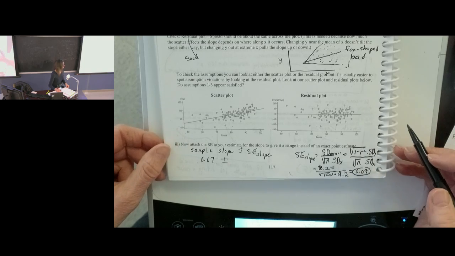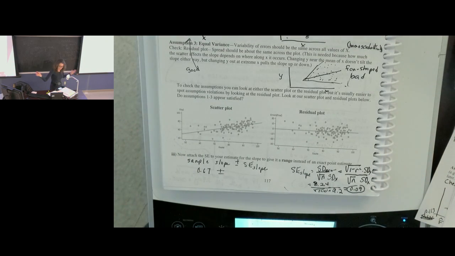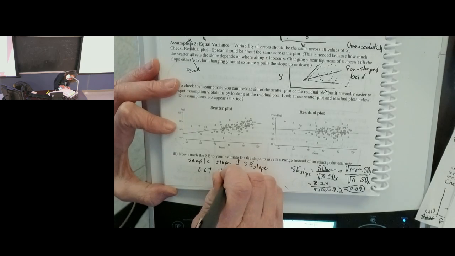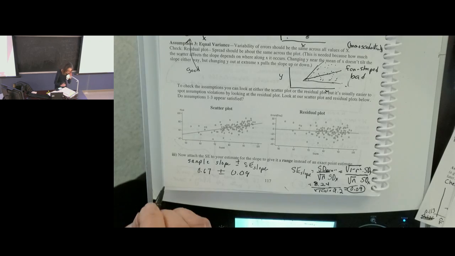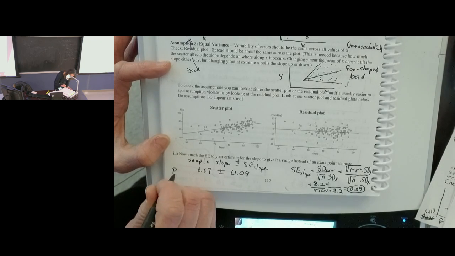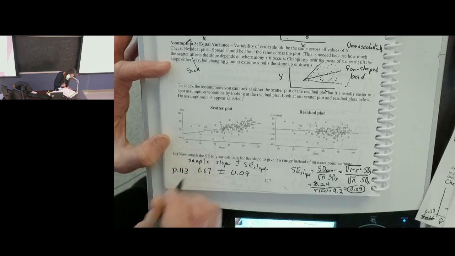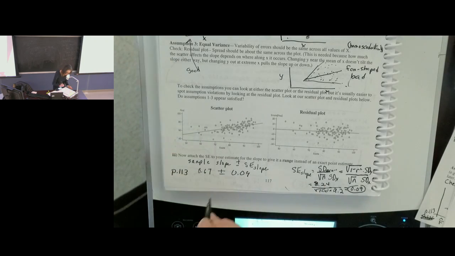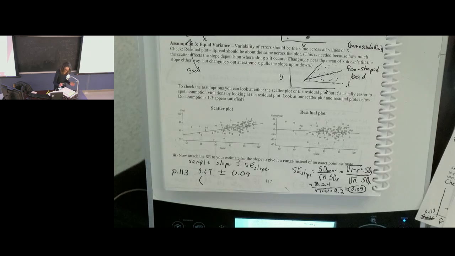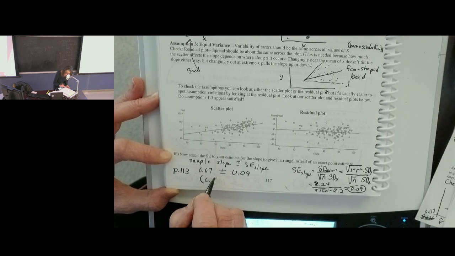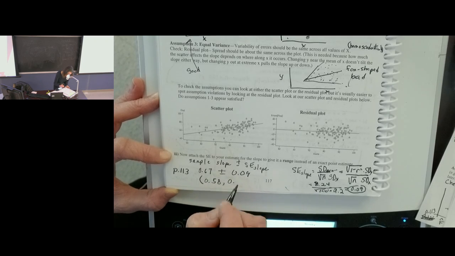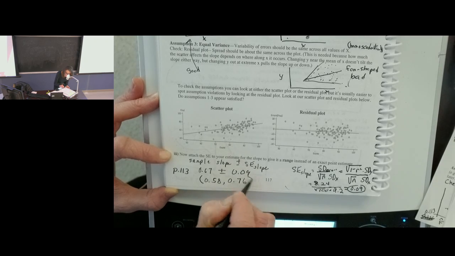If I didn't know that, I could have gone back to scratch and gone square root of 1 minus r squared. So it's just that, plus or minus 0.09. If you forget where we did this, it was page 113. So if we wanted to put upper and lower limits, we'd subtract to get 0.58, and we'd add to get 0.76.